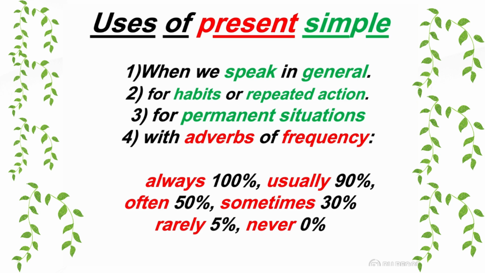We use the present simple when we speak in general, for habits or repeated actions, for permanent situations, and with adverbs of frequency like always, usually, often, sometimes, rarely, and never. Let's continue.